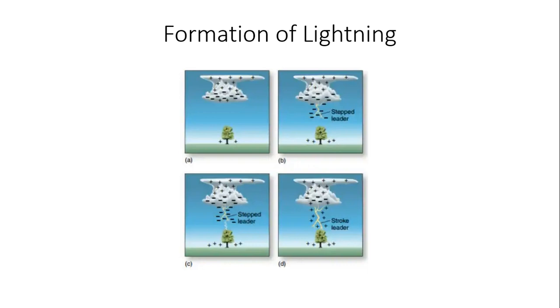You don't want to be near taller objects because the positive charge is going up the taller objects, and eventually you're going to have an ionized channel where you get a step leader coming down out of the cloud. The negative charges are beginning to meet up with the positive charges here on the tree. And then look, the bolt hits the tree. You don't want to be near that. And then you get a stroke leader. And see how there are multiple forks of lightning off the ionized channel?